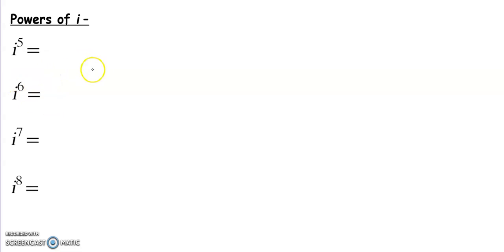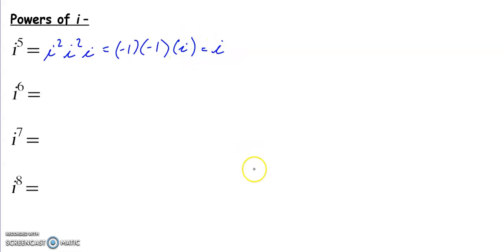We're going to take that same idea and repeat it. i to the 5th is i to the 4th times i, 2 plus 2 plus 1, that's 5. That would be the same as -1 times -1 times i, because i squared is -1, which would give me i.